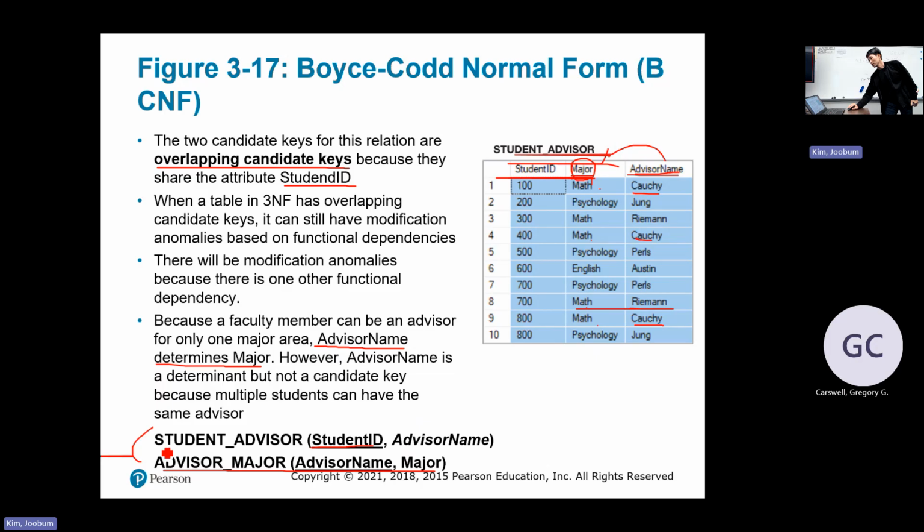In the original relation, we just keep the determinant advisor name as a foreign key. So the primary key is in the new relation, and advisor name is a foreign key tied to the new relation. Okay, so those student advisor and advisor major relations are in BCNF. Make sense? Okay.